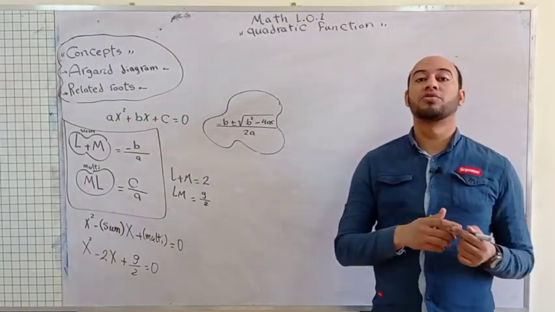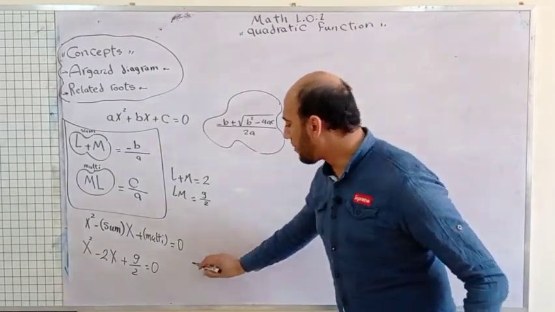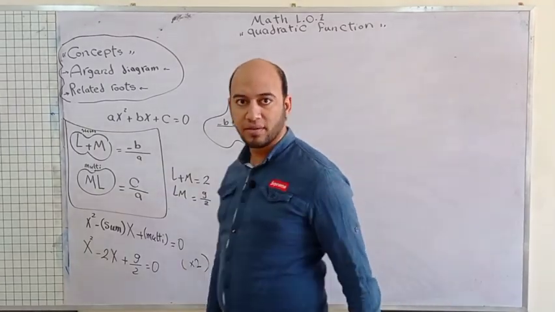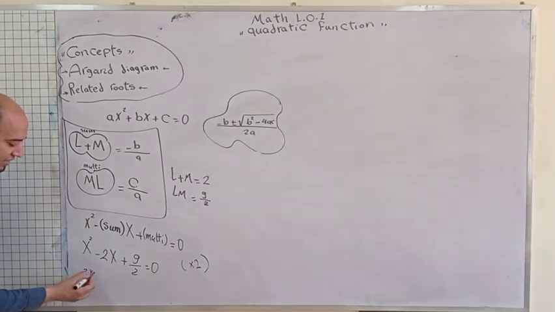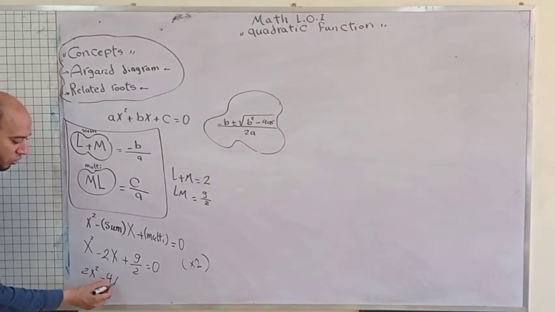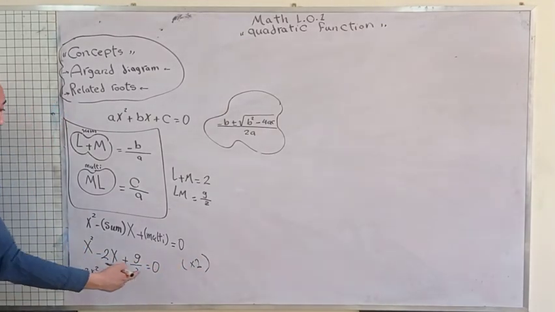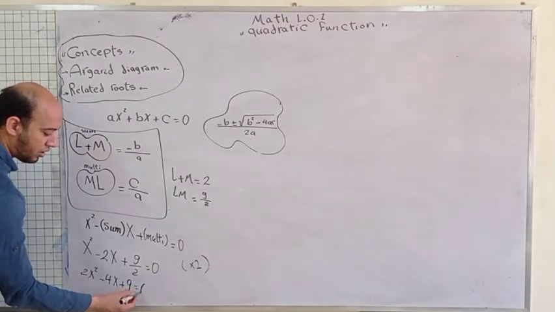If you want the coefficients to be integers, you multiply the whole equation by 2 and you get 2x squared minus 4x plus 9 equals 0.